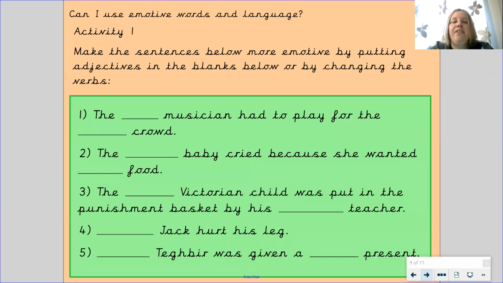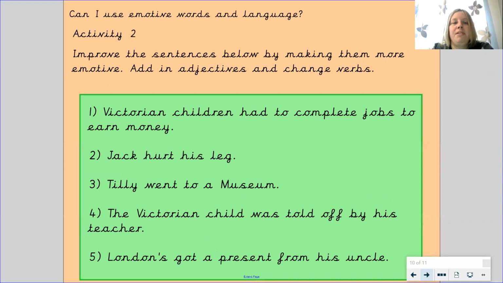And he's playing for the excited crowd because they're excited to be there to listen to him playing. See if you can improve the rest of the sentences by adding in adjectives or describing the verbs.